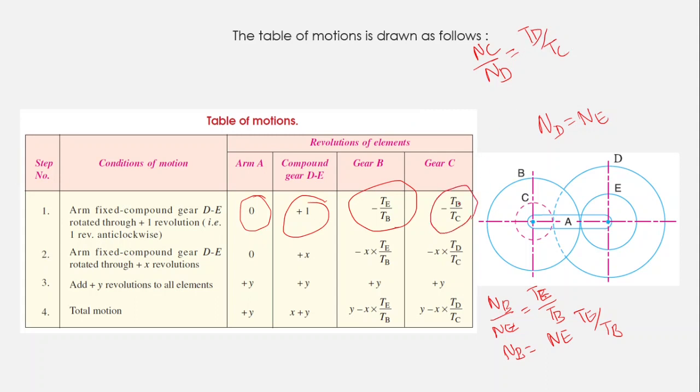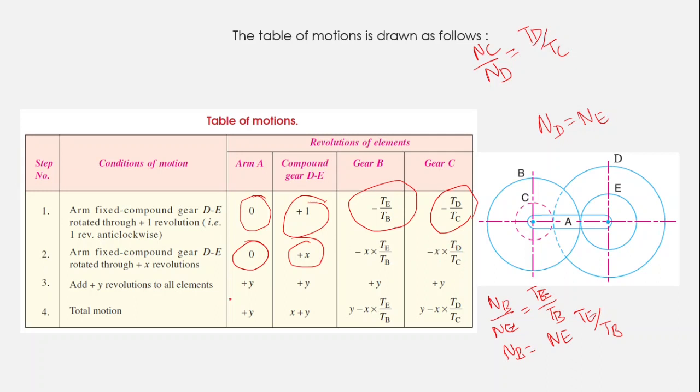Then, with the arm fixed, compound gear DE rotates through +X revolutions. Then for the arm this value must be equal to 0. For the compound gear it is +X. Then automatically for gear B it is minus X into TE by TB, and for gear C it is minus X into TD by TC.